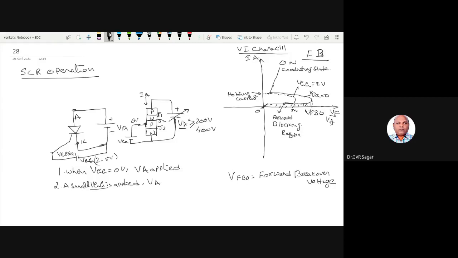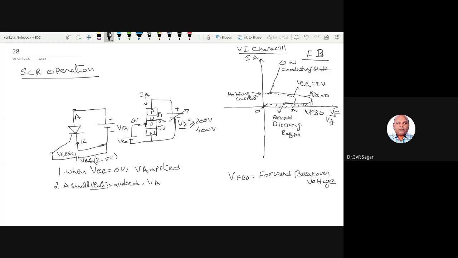So when VGG is equal to 0, a heavy breakover voltage is required. When a small amount of gate voltage is applied, the breakover voltage is decreased, right? And it comes down. And what amount of current holds when the SCR is on? What minimum current holds when the SCR is on? That is called the holding current.